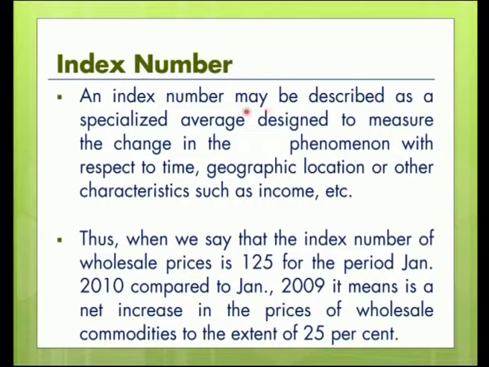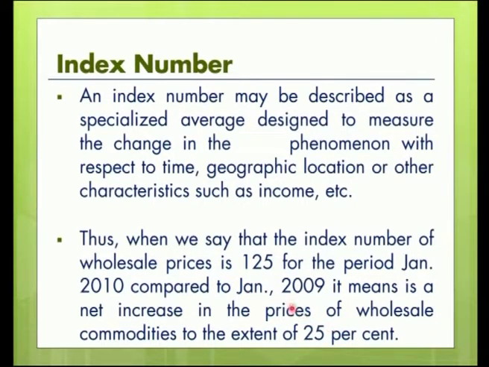First of all, an index number may be described as a specialized average designed to measure the change in the phenomenon with respect to time, geographic location or other characteristics such as income, etc. Thus, when we say that the index number of the wholesale price of a commodity is 125 for the period January 2010 compared to January 2009, it means there is a net increase in the price of the wholesale commodity to the extent of 25%.